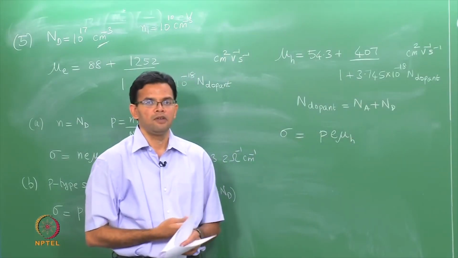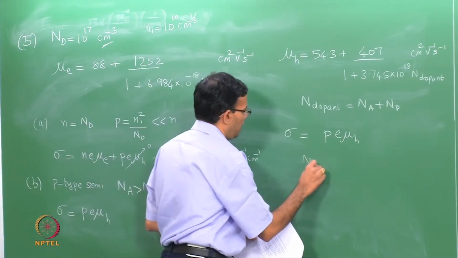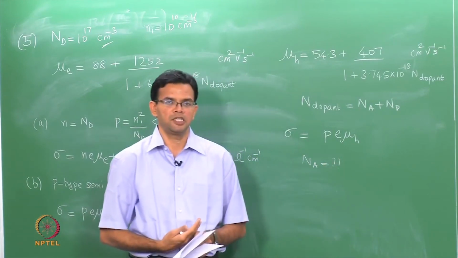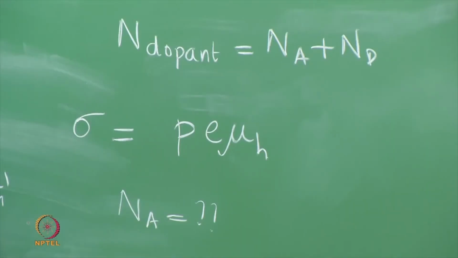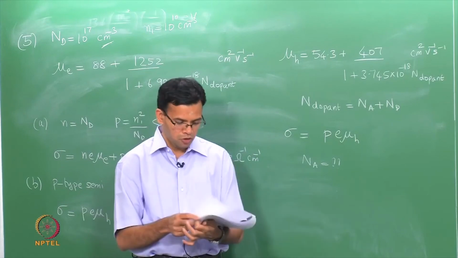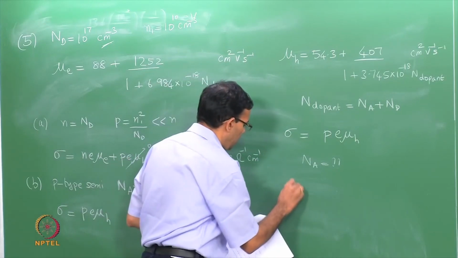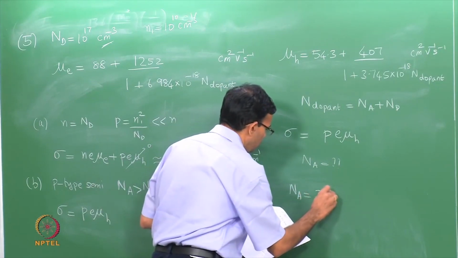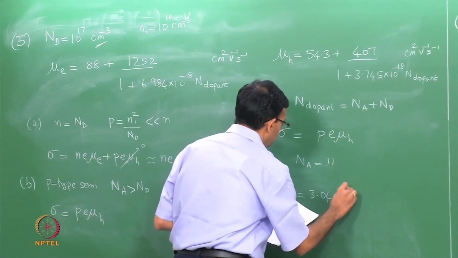So, what we have is an equation where everything is known except for Na. You can simplify this expression, I will not go through the math, but this is essentially a quadratic equation which you can solve, and when you solve you get the final value of Na, which is 3.04 times 10 to the 17th.